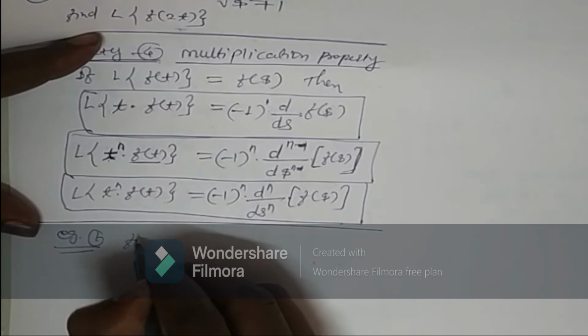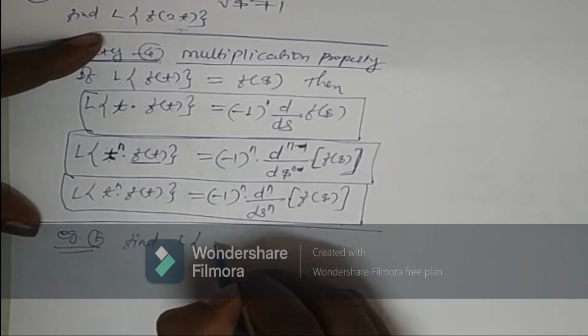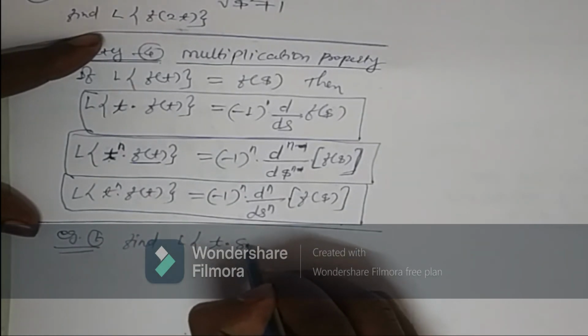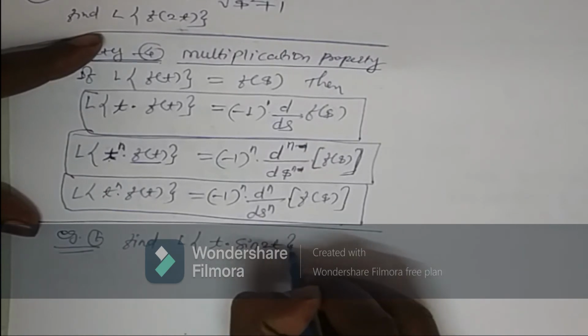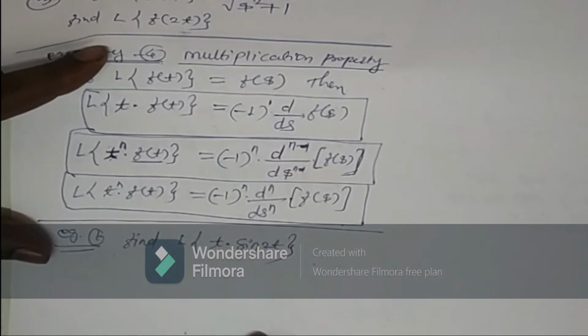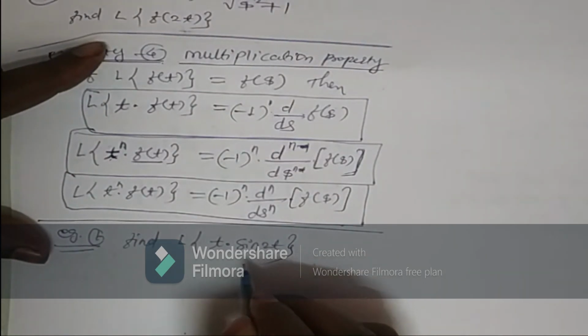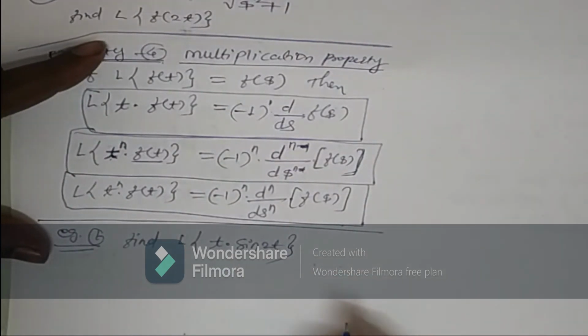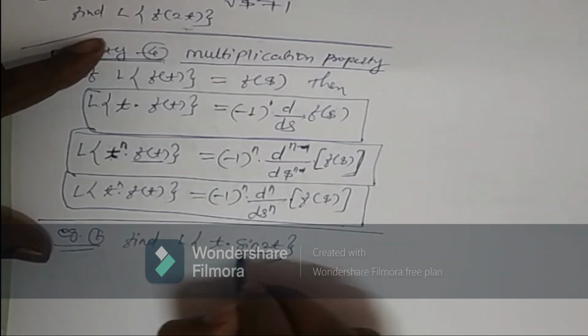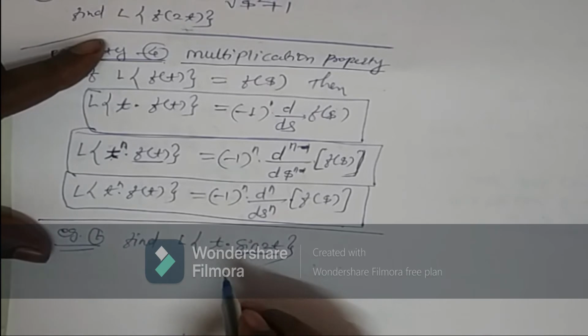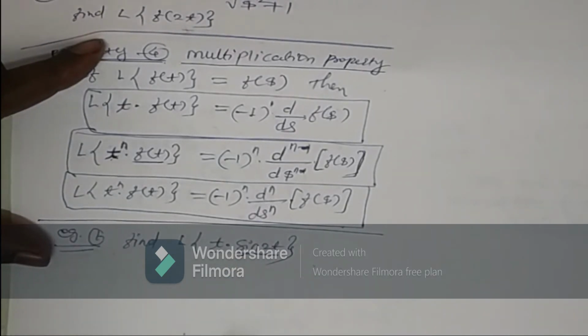Find the Laplace transform of t into sin 2t. So how to identify that this example is of the multiplication property? Look at this. This is your f(t), and in multiplication of this f(t) there is t. In this way we can identify the type of example.